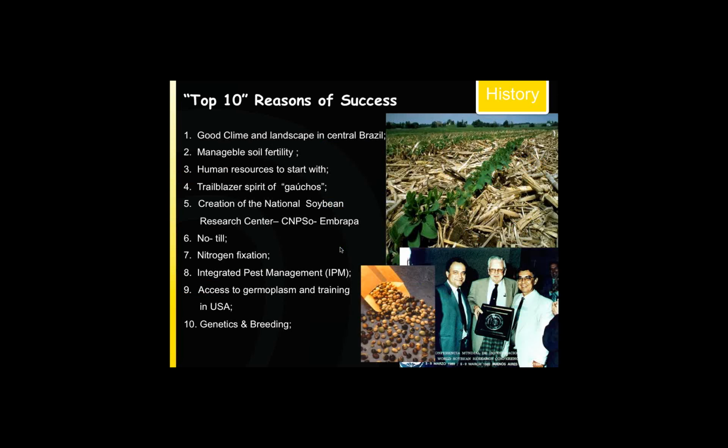There are several reasons for this success. I just picked this slide here to mention, again, the contribution that was made essentially by Dr. Hartwig, and here we can see Romeo Kio as still a young guy working together with Dr. Hartwig, and they were among the first to study the long juvenile trait here in Brazil.